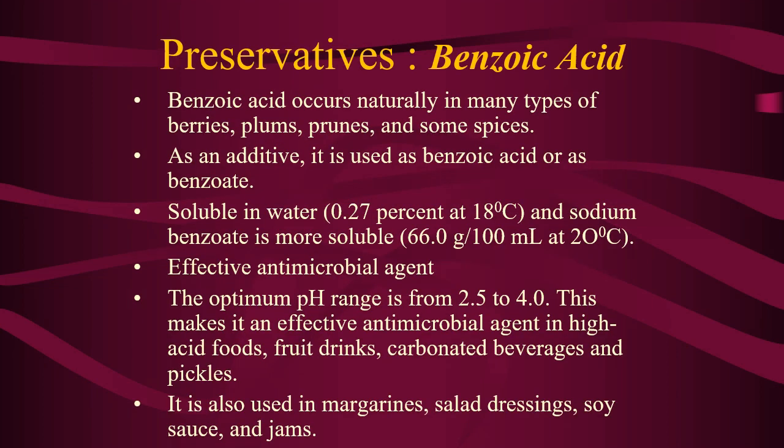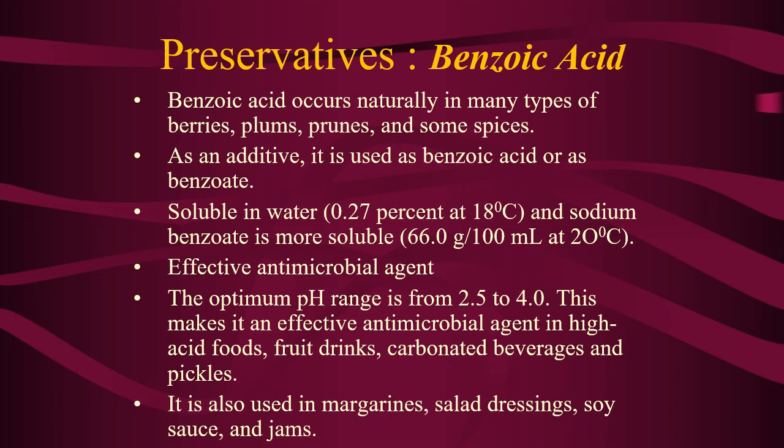The most common preservative used in food preservation is benzoic acid. Benzoic acid can be found in many types of berries, plums, prunes, and also some spices. Normally it is used in the form of benzoic acid or benzoate.